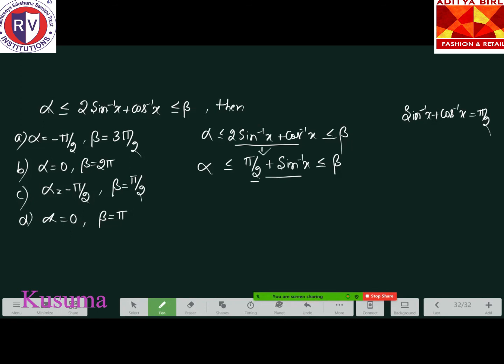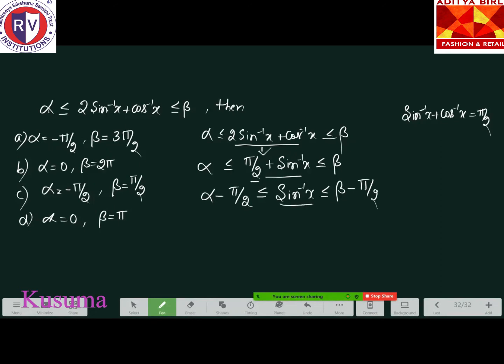Okay. So I will take this pi by 2 to other sides of the inequality. So here it will be alpha minus pi by 2, which is less than or equal to sine inverse x, which is less than or equal to beta minus pi by 2. Okay.